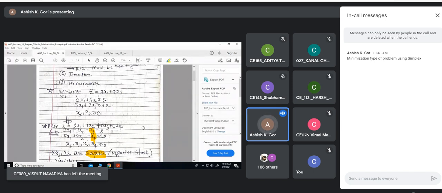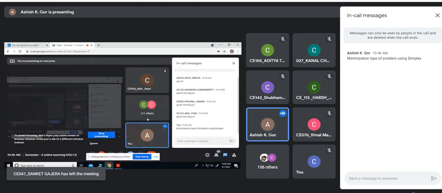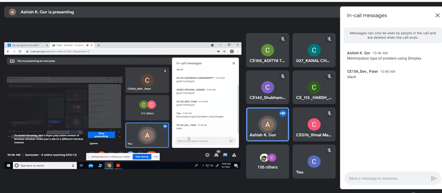Now the problem here is, initially, what variables are the basic variables? If somebody could give me an answer. Slack variables, very correct. I hope others also agree with Dev's answer.